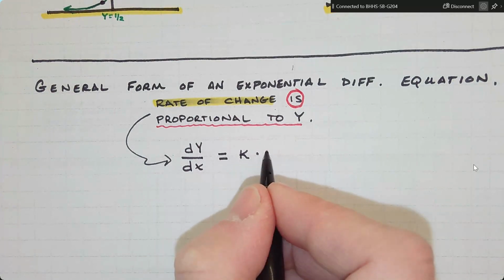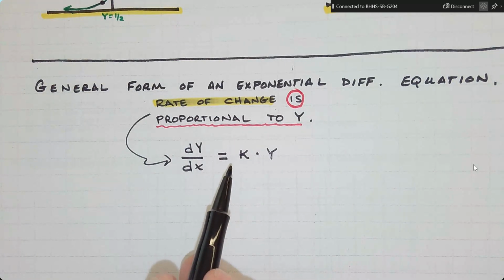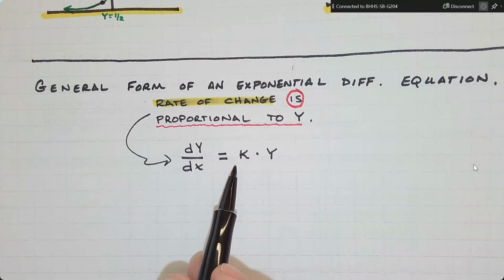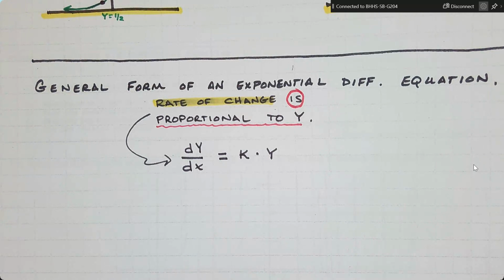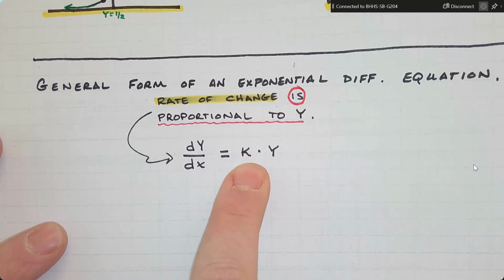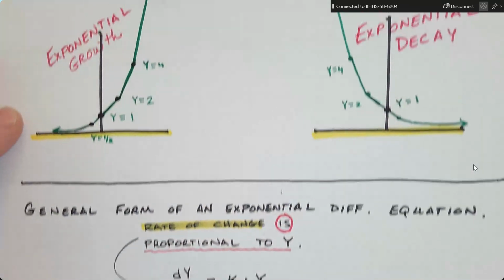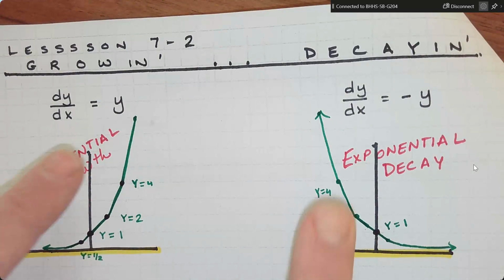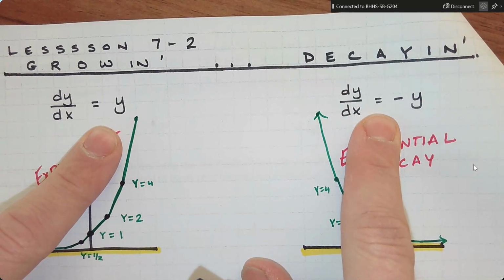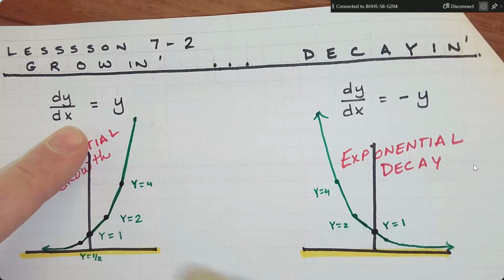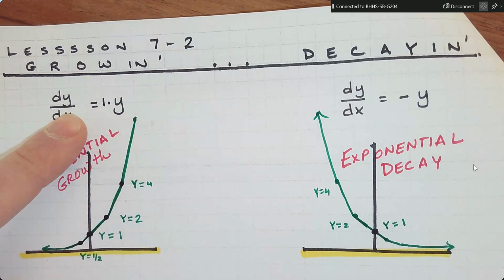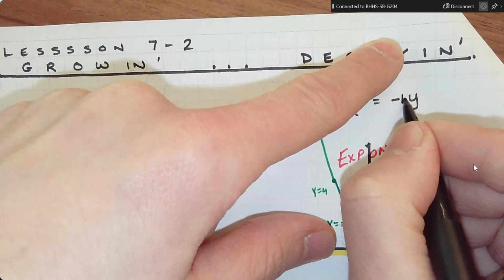It is proportional to y. So maybe there's a 1 right there, maybe a 10, maybe 1,000, maybe a -1. But can you see that what I just wrote is a variation of these two, the general form? Here the k value was 1, and here the k value was -1.